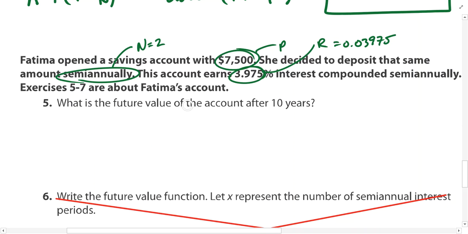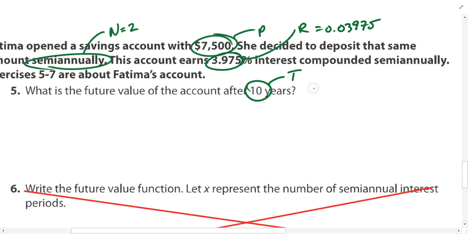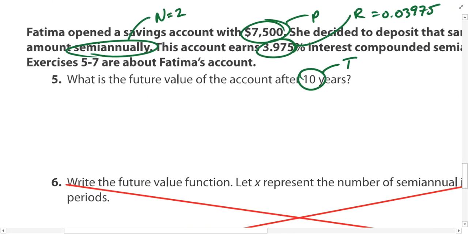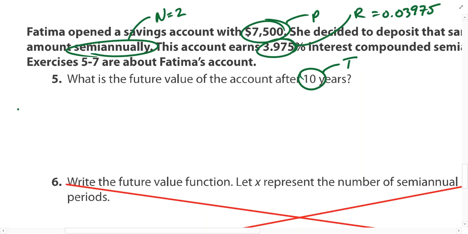So reading on, we see the future value. What is the account worth after 10 years? So I knew that the formula required four letters, P, R, N, and T. P, R, N, and T. And we can calculate our A value from that.